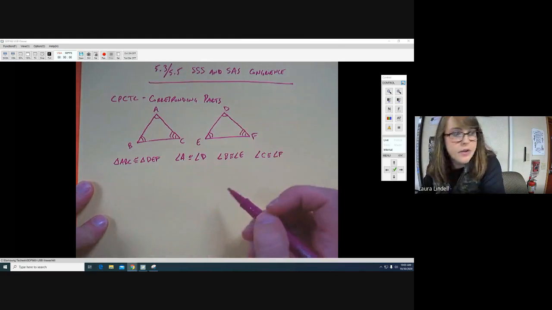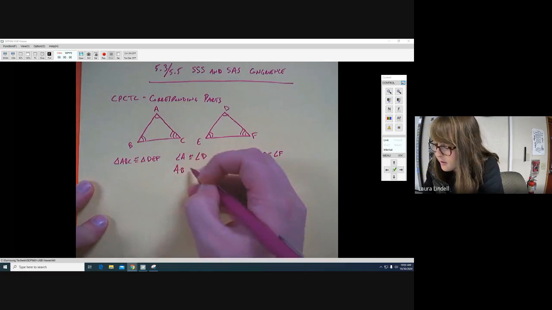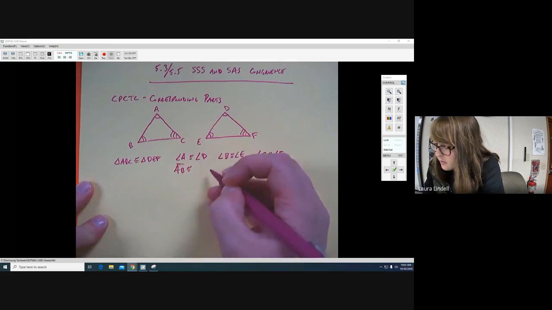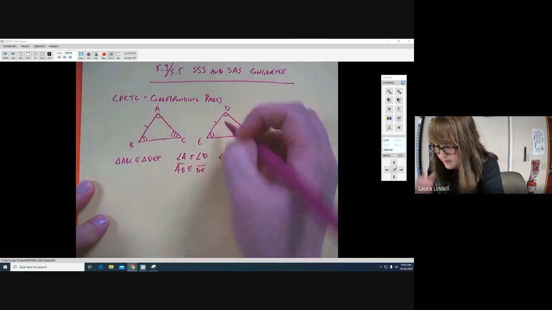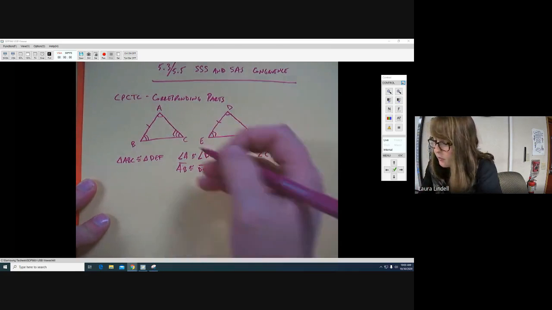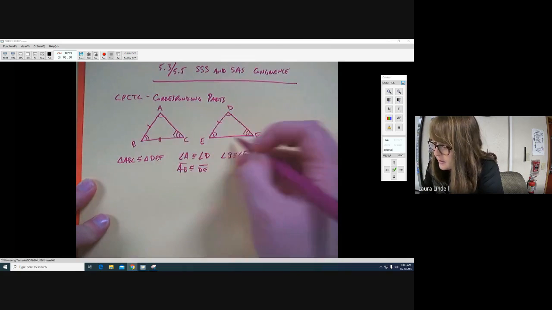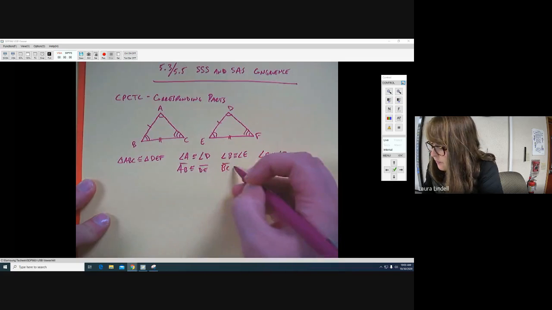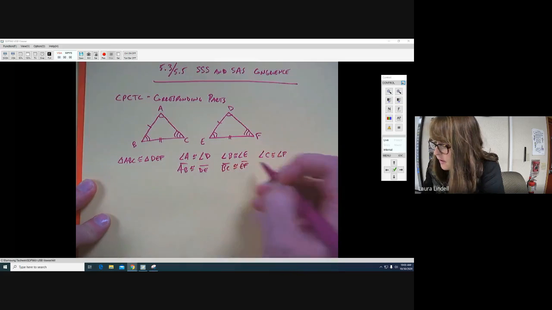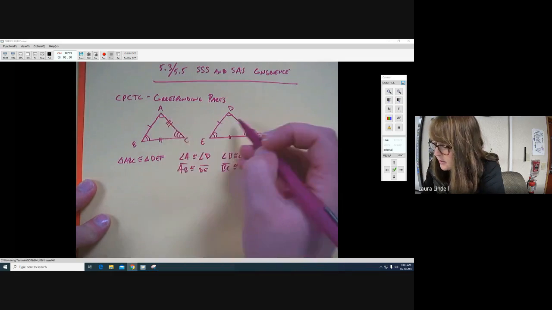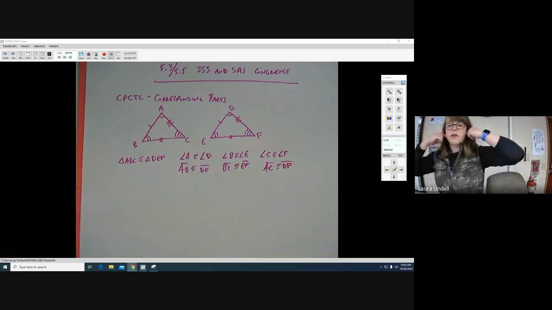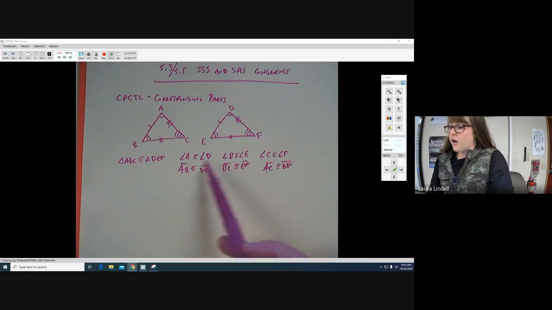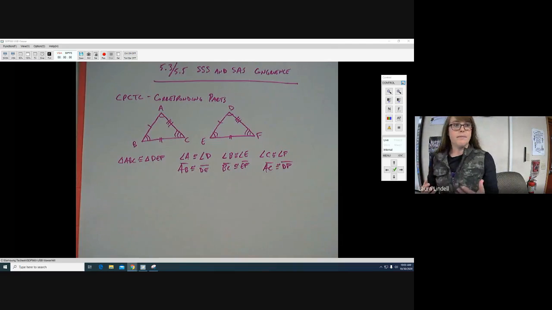And then we'd also have to show that AB is congruent to DE, that BC is congruent to EF, and that AC is congruent to DF. So if I wanted to show that two triangles are congruent, I would have to show all 6 of these things typically.